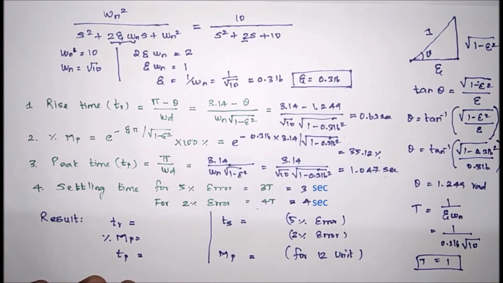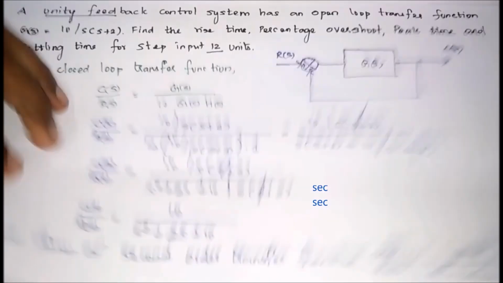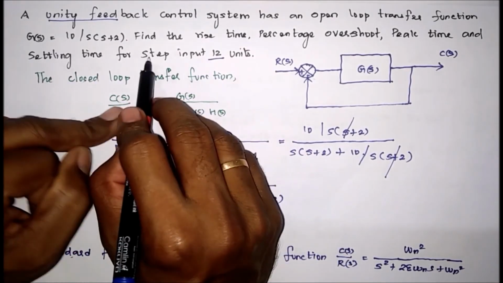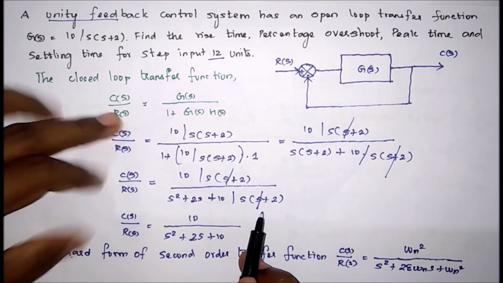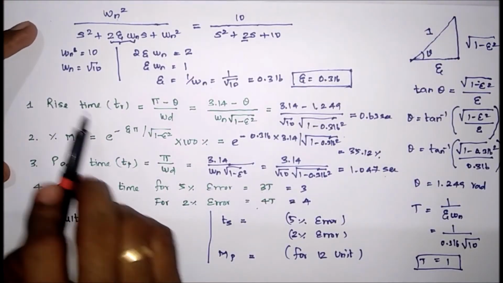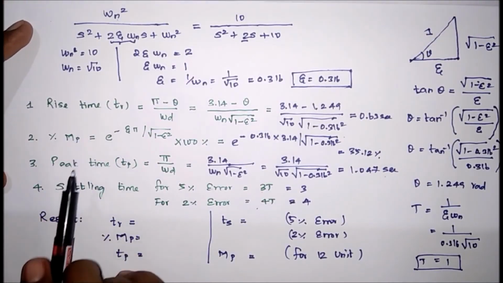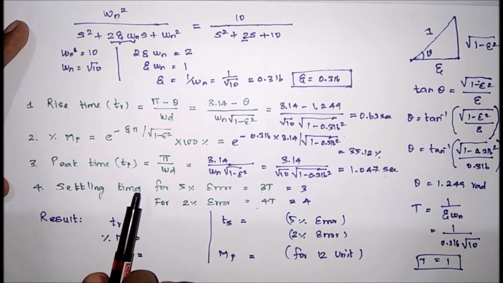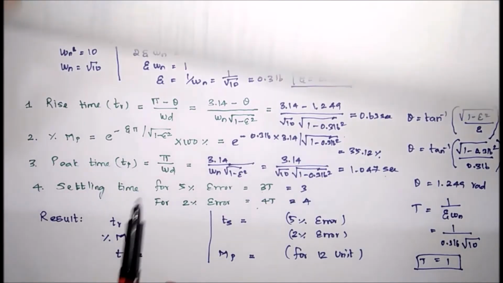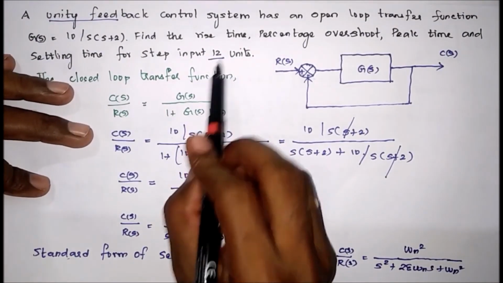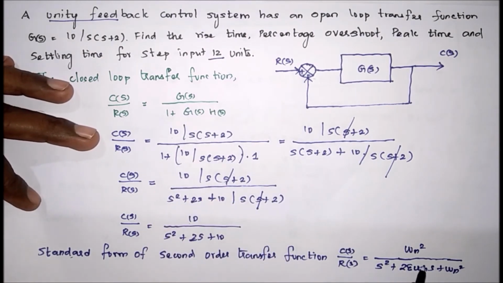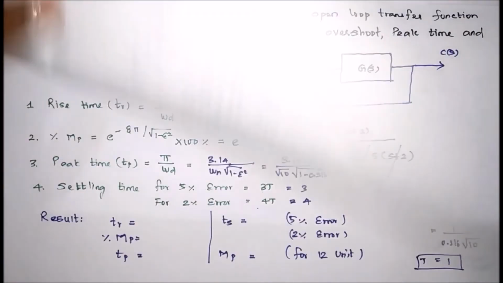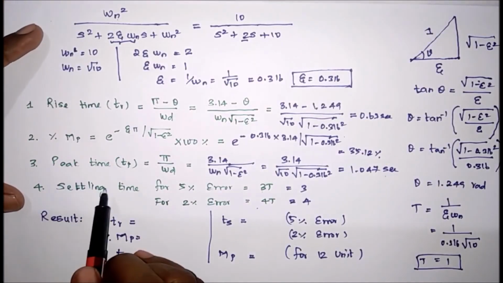Next, from the given problem the step input is 12, but for rise time, percentage peak overshoot, peak time and settling time, we do not need to use the given step input. We just form the closed loop transfer function, then compare with the standard closed loop transfer function, and you will get all four required things.